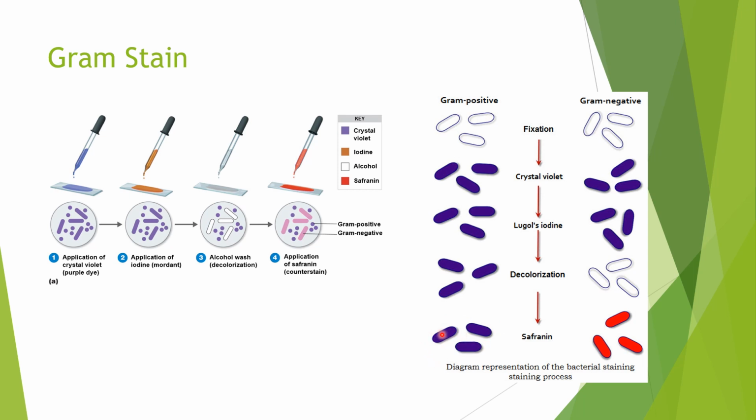Why? They're already saturated with the crystal violet. And so this is how you can differentiate between bacteria. Those that have a thick layer of peptidoglycan are going to appear violet under the microscope, and those that have a thin layer of peptidoglycan are going to appear red under the microscope.